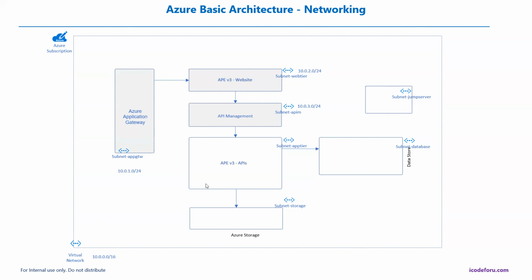Now, for example, when you want to secure your database, it is going to be in a separate subnet, and I'm going to give access only to the app tier subnet, with the network security group filtering the inbound and outbound traffic.